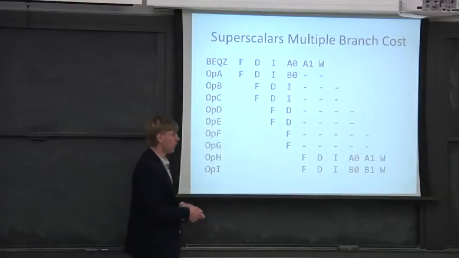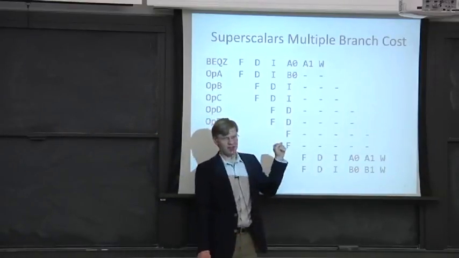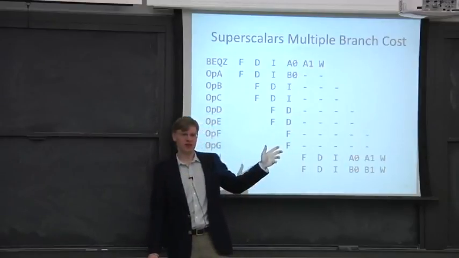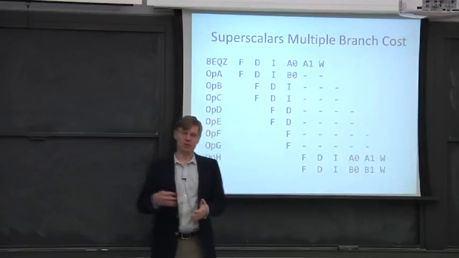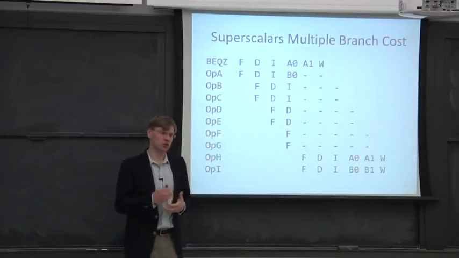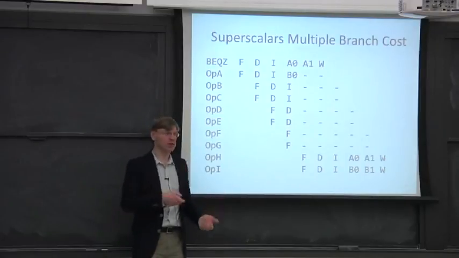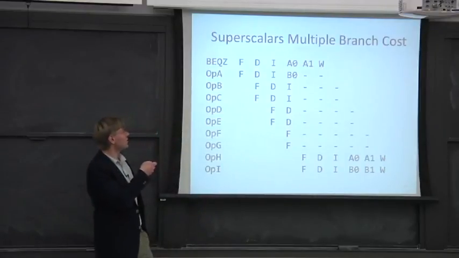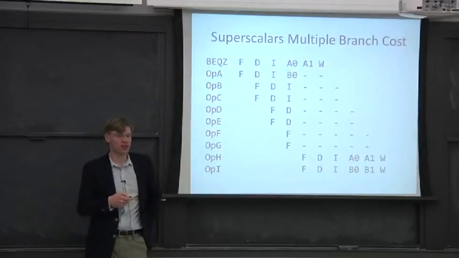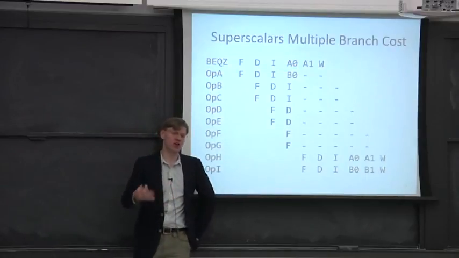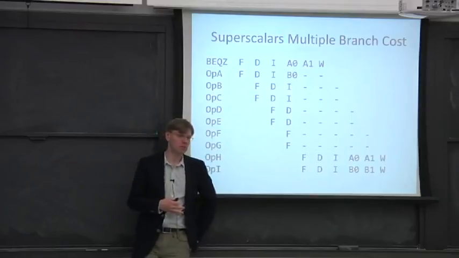Well, if we're lucky, we can try to predict the destination with some accuracy and have a branch predictor which will figure out where the destination of the actual branch is with some high probability. And then instead of executing, let's say, op A here, which is a dead instruction from the incorrect branch target, we can try to fetch and execute the correct branch target.